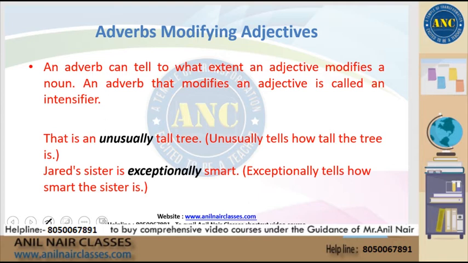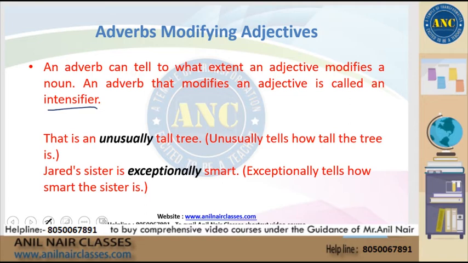How do adverbs modify adjectives? An adverb can tell to what extent an adjective modifies the noun. An adverb that modifies an adjective is called an intensifier. So if there is an adverb that modifies the adjective in the sentence, it's called an intensifier.